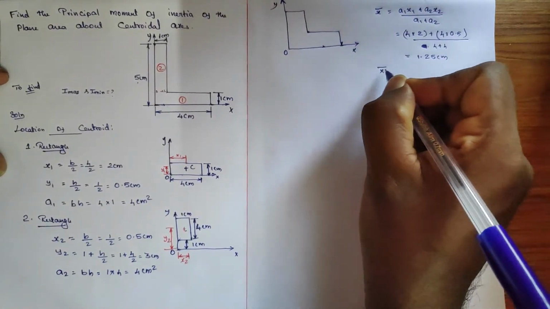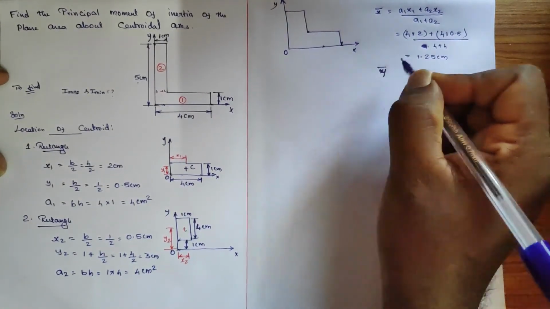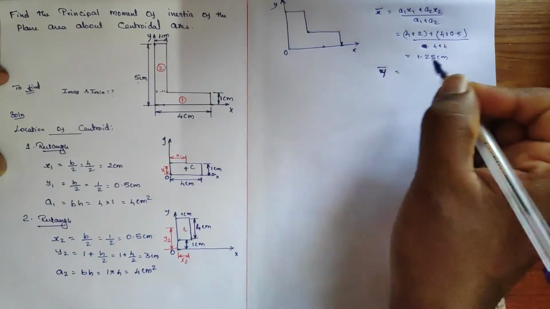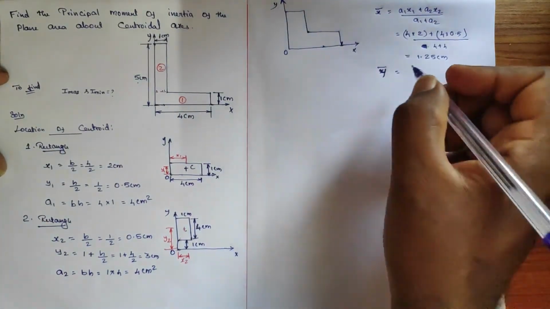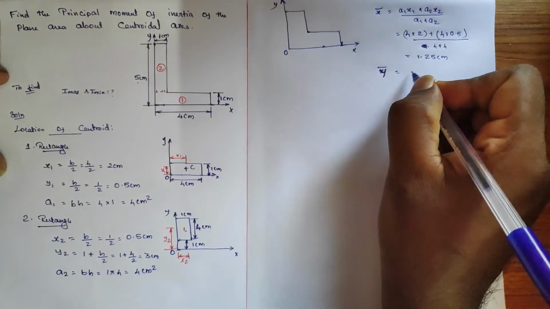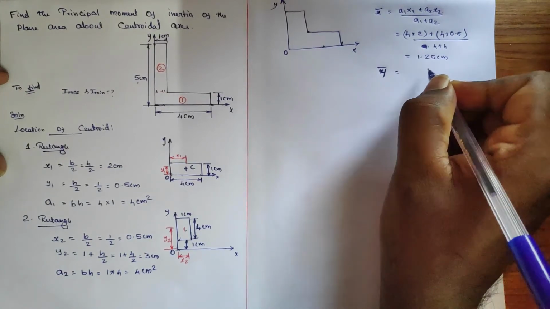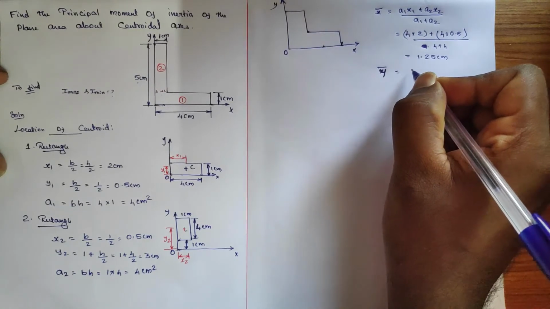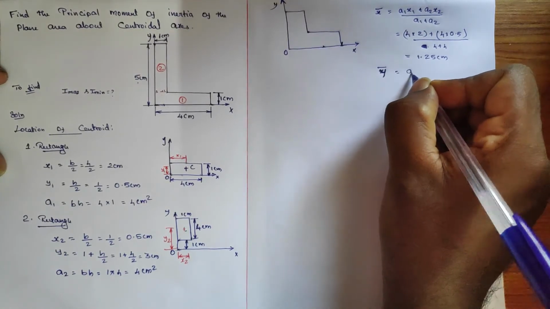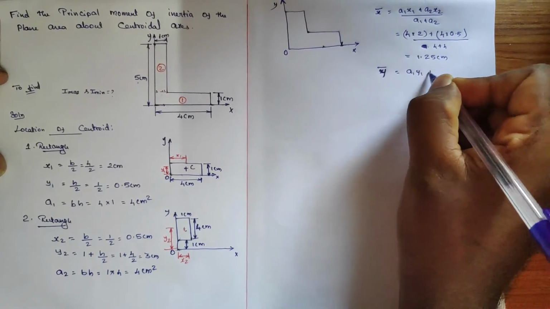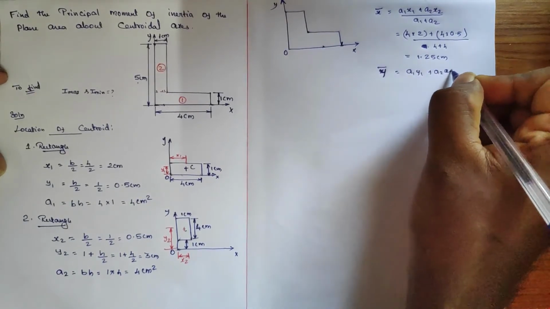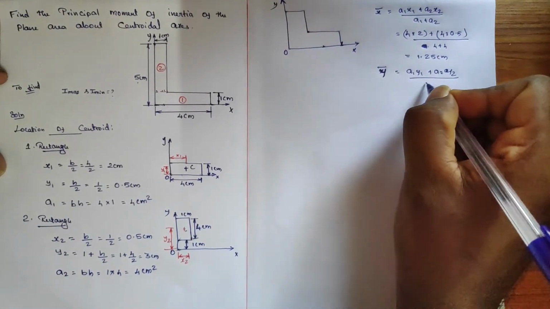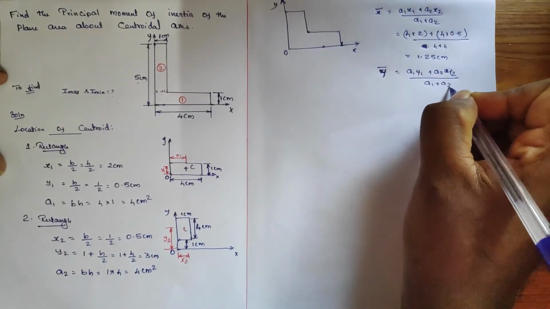Similarly, identify the Y bar, so that we can plot the centroid for this compound shape, L shape. So here the first moment of area about the YY axis will be A1 Y1 plus A2 Y2 divided by total area A1 plus A2.